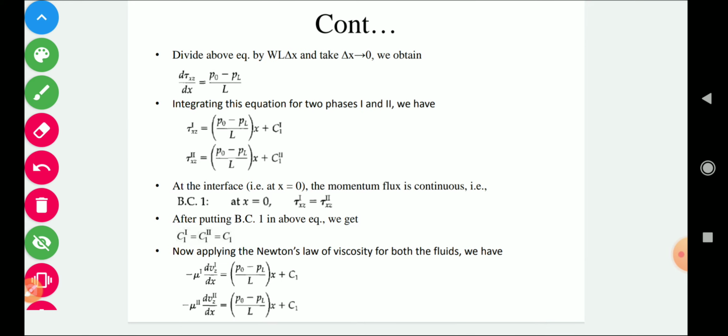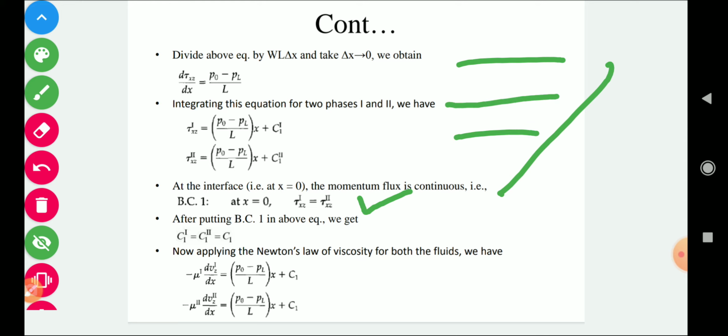At x equal to 0, tau xz1 will be equal to tau xz2. This is because the momentum flux is continuous. Whatever the momentum flux may be, it remains continuous across the interface between these two fluids.